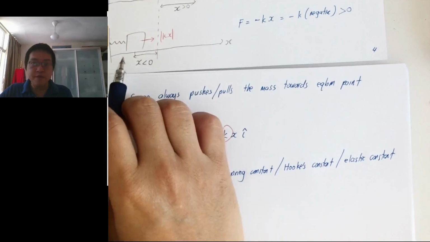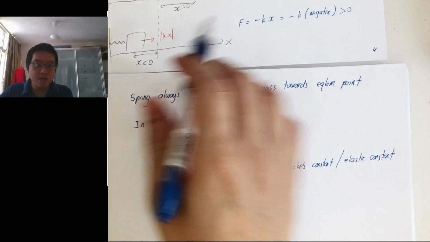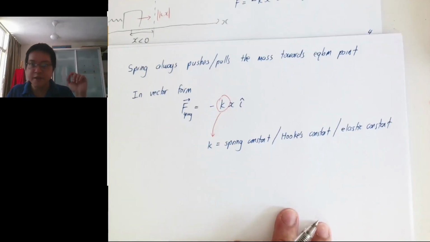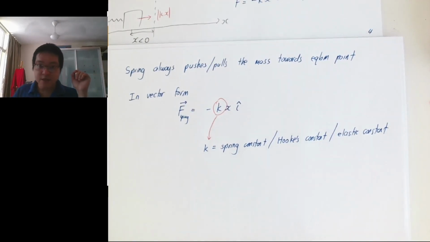Even though I draw a picture of a spring, Hooke's law still works for an elastic string, like a rubber band, so a stretchable string, not a rigid rope. So we call this the elastic constant.